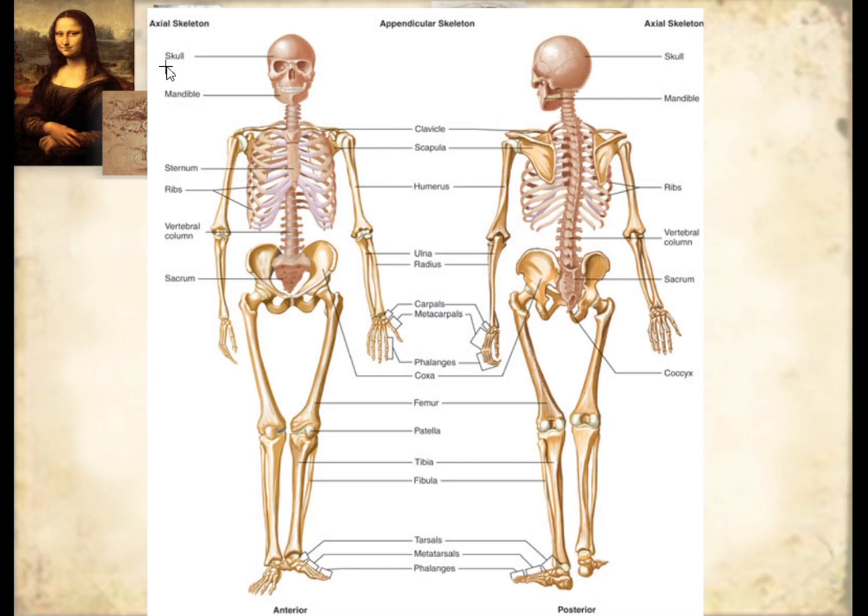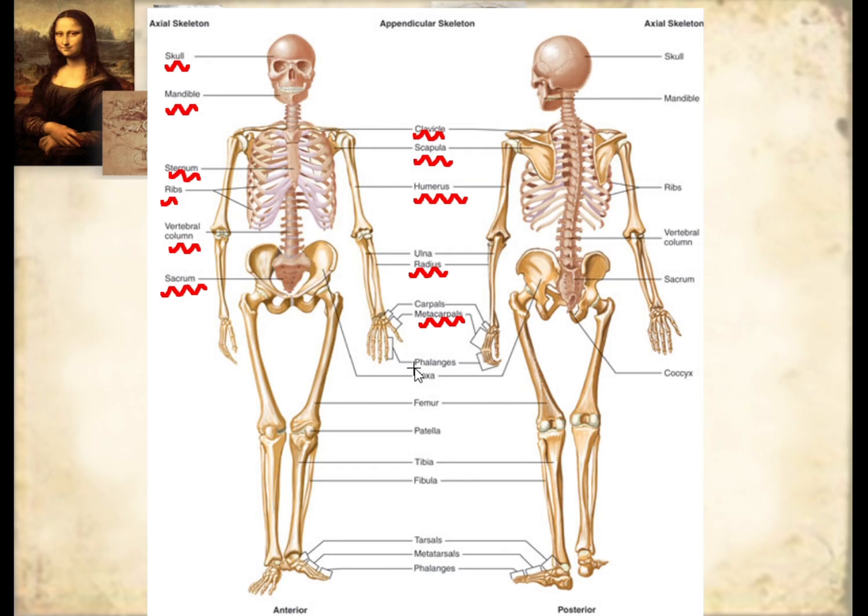Here you can see this is the skull bone, and this is the mandible. This part is the sternum, this is the ribs, and this one is the vertebral column, and this is the sacrum. This part is the clavicle, and this is the scapula, humerus, ulna, and radius, then carpals and metacarpals.